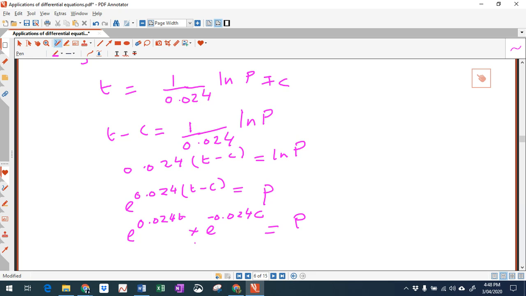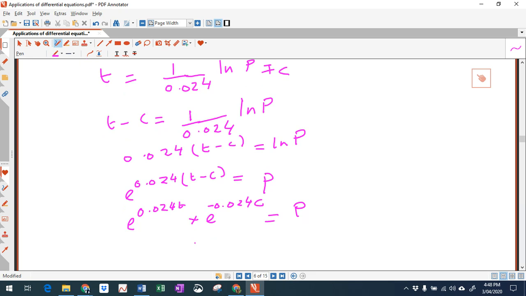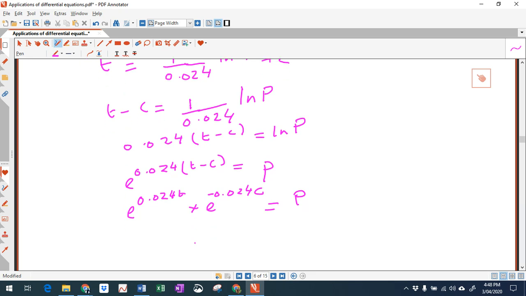Now we can replace the term containing the c with just an a. So you can say, well, that's equal to a e to the 0.024t equals p, right? And just make the qualification that a is just some constant, e to the minus 0.024c.